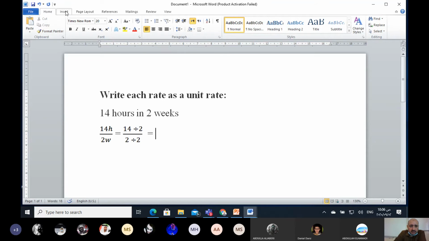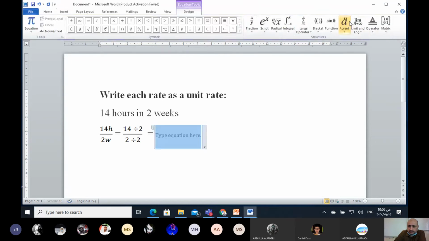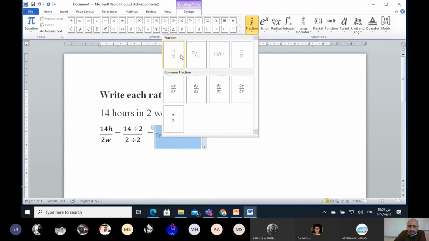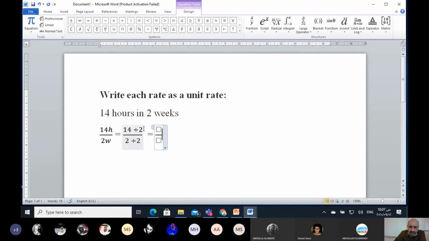So the answer now: 14 divided by 2 will be 7 hours, and 2 divided by 2 will be 1 week.